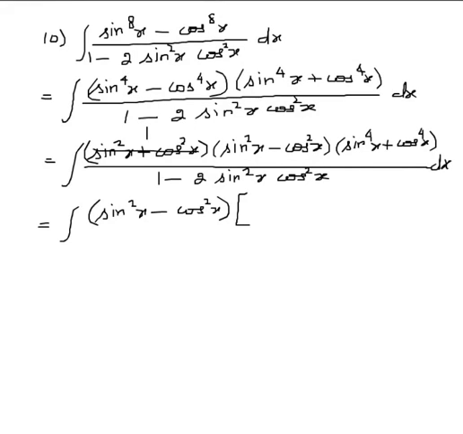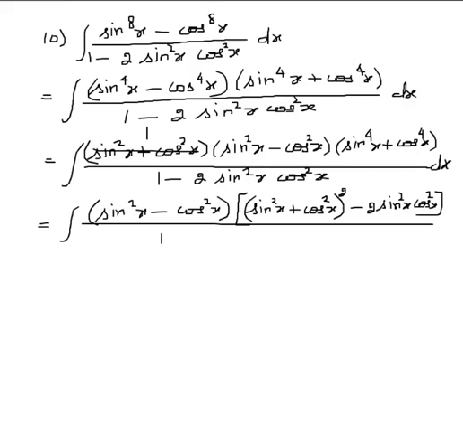And I can write sin power 4x plus cos power 4x as sin square x plus cos square x the whole square minus 2 sin square x cos square x. Here in the numerator I have used the identity a square plus b square is equal to a plus b the whole square minus 2ab.